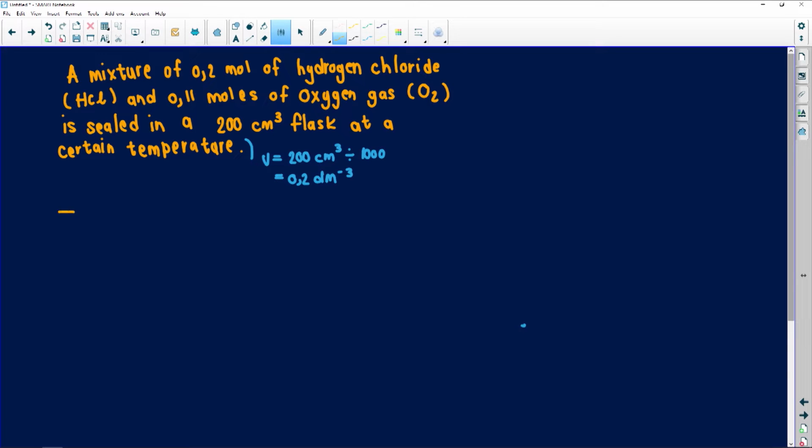Now the question continues to say, it is found that, ooh, I see, Njabulo, it says 1.825 grams, and you're just like, no, but we always use moles. So what's going on? I'm going to show you how you do it. Of hydrogen chloride.